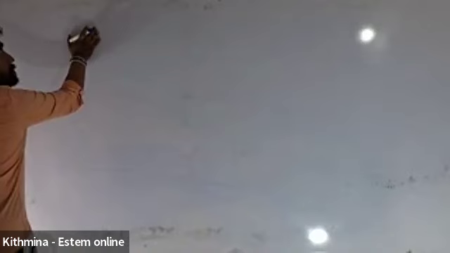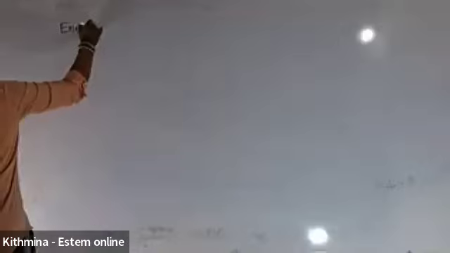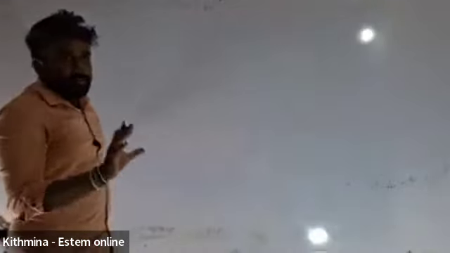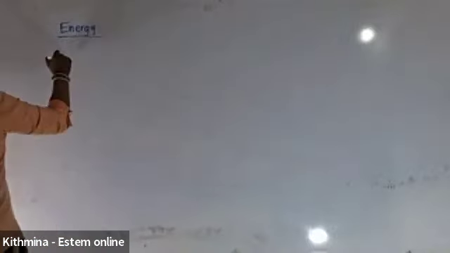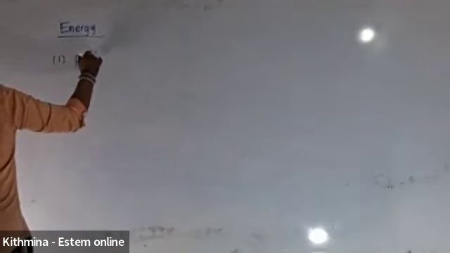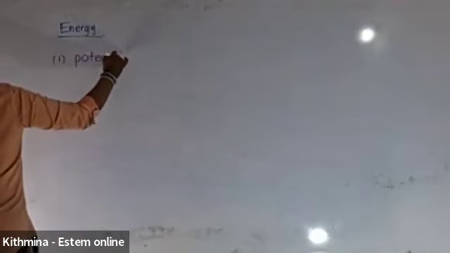Now we are done with Newton's laws, Ft and impulse. Now the energy. If we are summarizing energy, there are three types of energy in our syllabus. The first is potential energy.